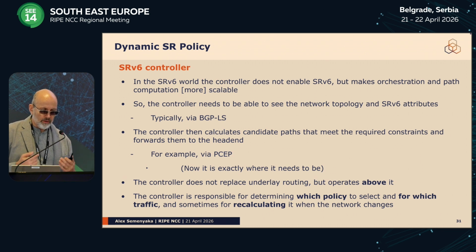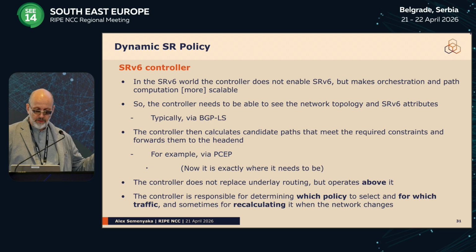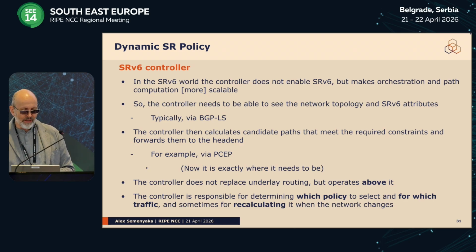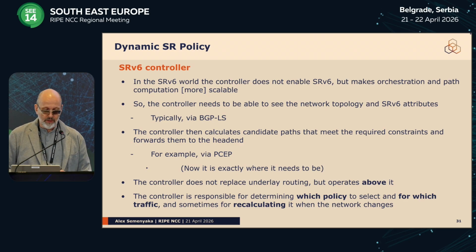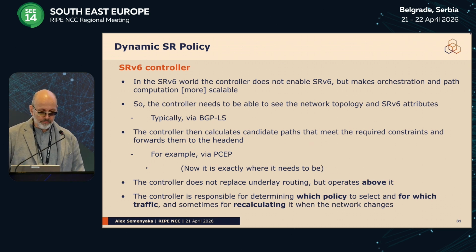So now the controller is calculating paths over the network and signaling these pre-calculated paths to headends with the path computation element protocol. And here, this PCEP, that's exactly the place where it's completely suitable. And now it can be used in the whole network, because we are not keeping states anymore, and it's completely scalable.